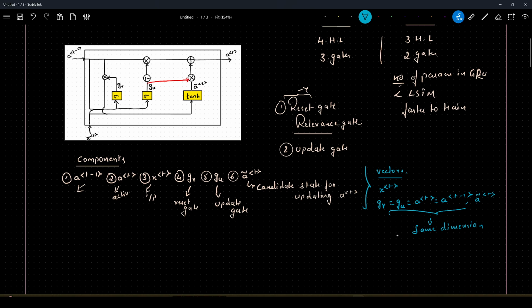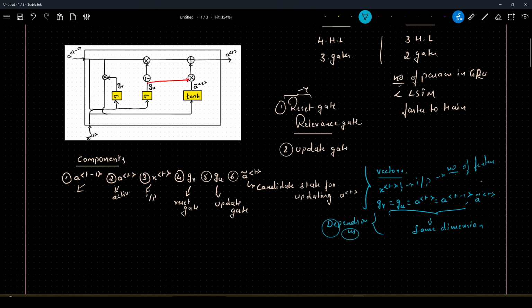And how many dimensional vectors are they? It depends on us. We have to decide that, and I'll tell you in a while. And what about this xt? This is actually our input, right? So the dimension of this depends on the number of features that we have.